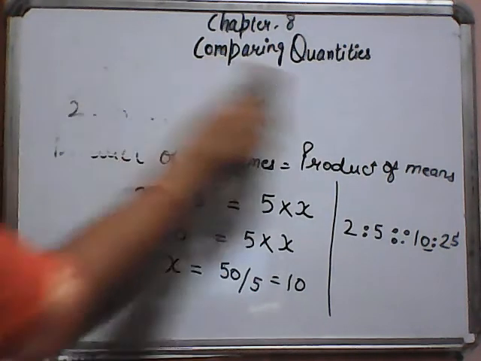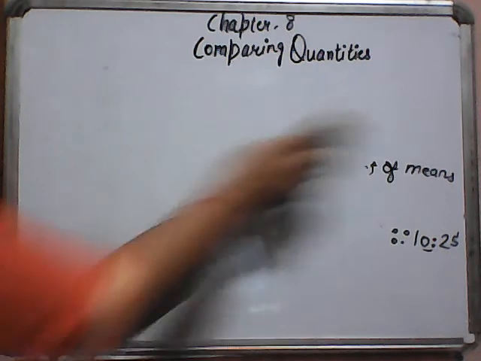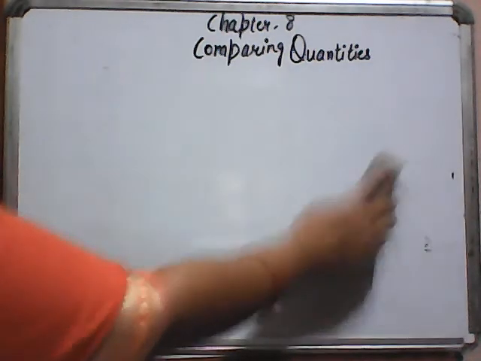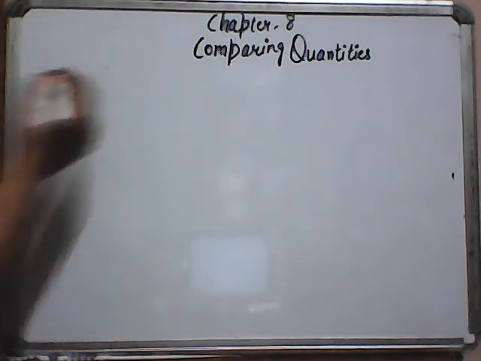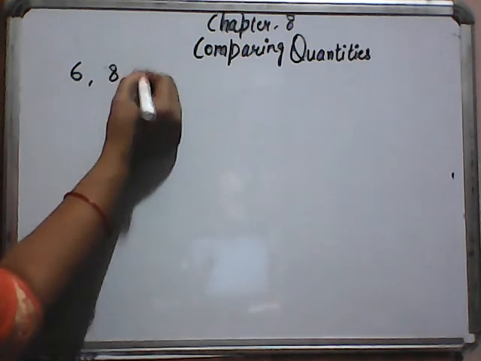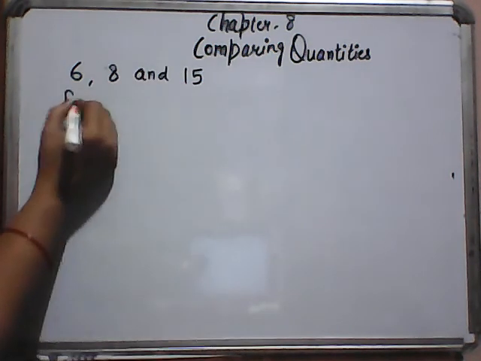Let's move to another question. If the first term, second term and fourth term are given to you, you have to find out the third term. Suppose the first three terms of a proportion are 6, 8 and 15 and you have to find out the fourth term.